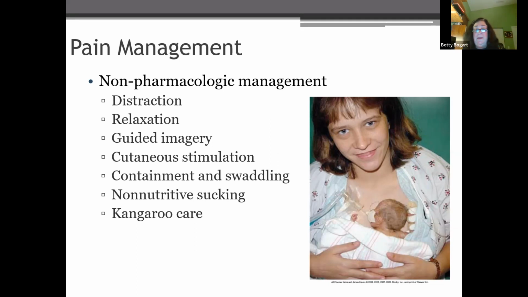And then with this little baby, Kangaroo care, skin to skin. I've seen really irritable little premature babies that are fussy and their heart rates are up and you can see they're miserable. Mommy comes in, puts them skin to skin, and all of a sudden their heart rates come down, their respiratory rates come down, and they just relax and they sleep. So Kangaroo care is another one.